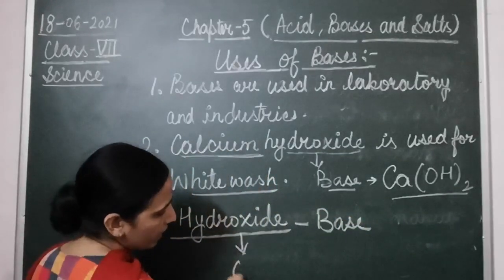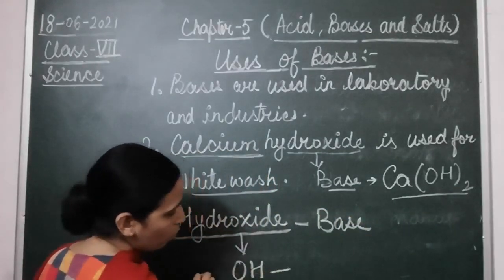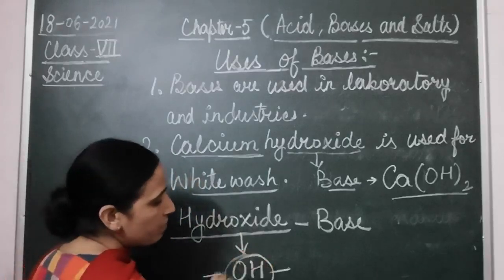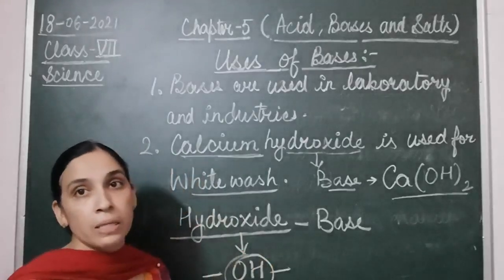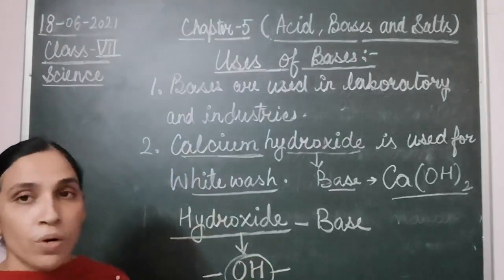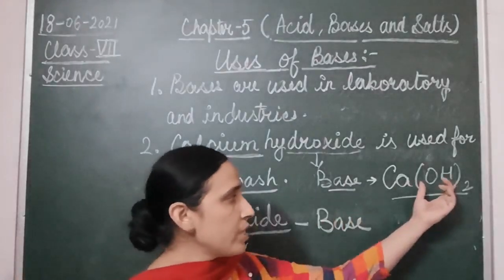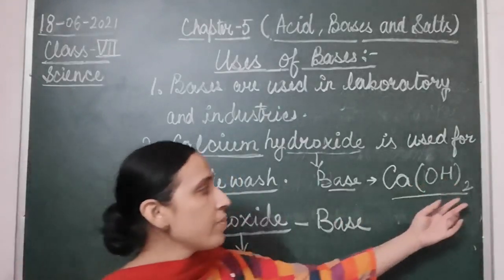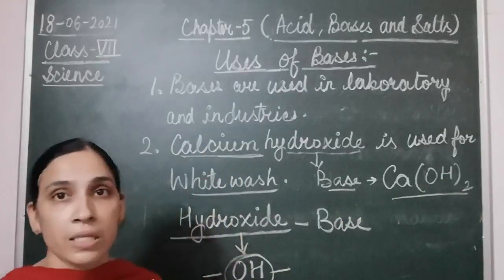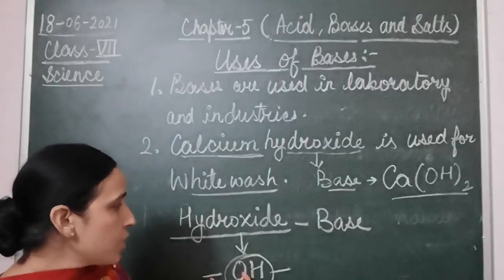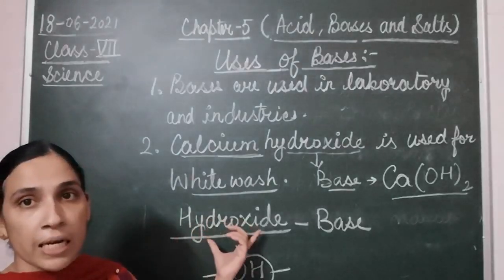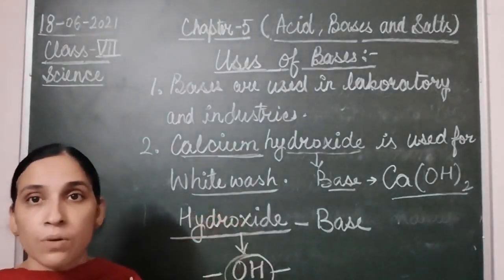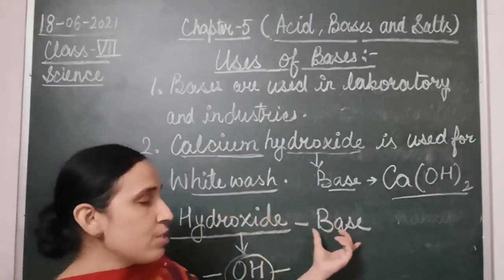The formula of hydroxide is OH, which I have told you just now. That OH will be added with sodium, with calcium, or whatever. Here you can see OH twice with calcium. Why this 2 is there, you are going to study further in senior classes. So the OH group is there for hydroxide, and wherever the word hydroxide is there, it stands for base.